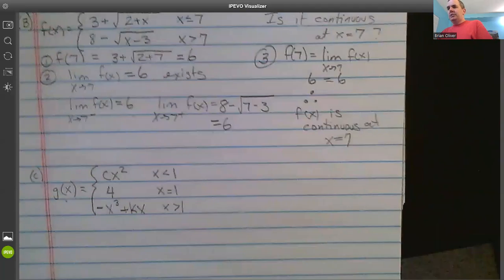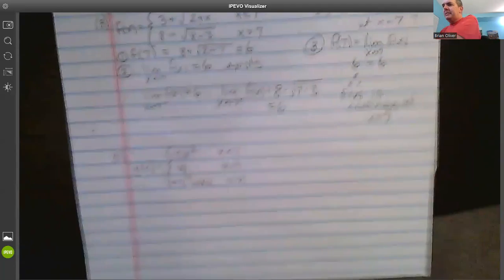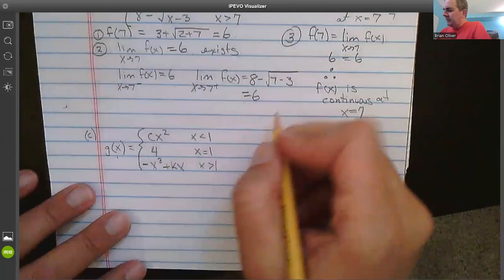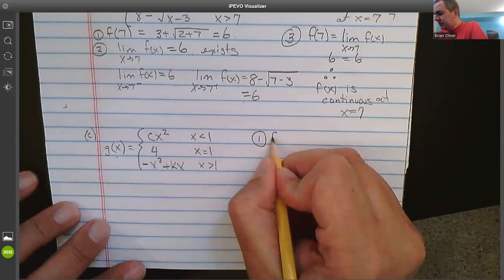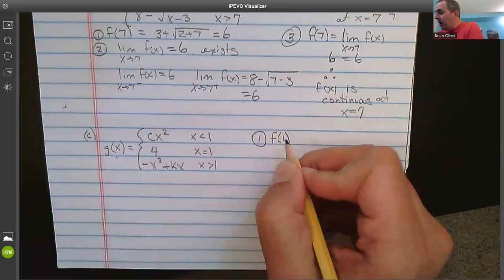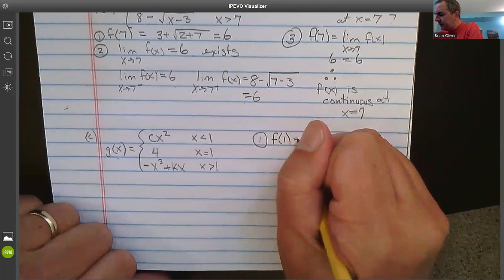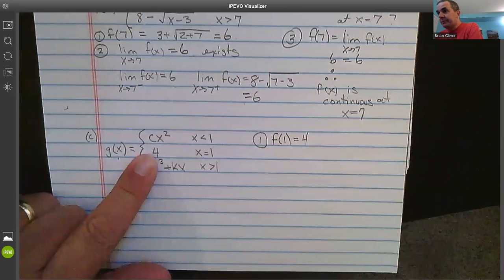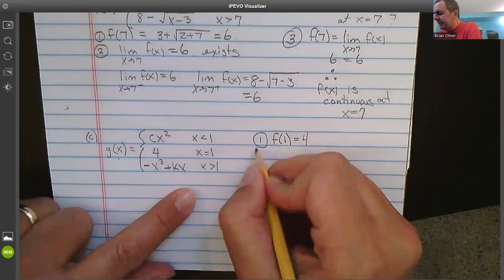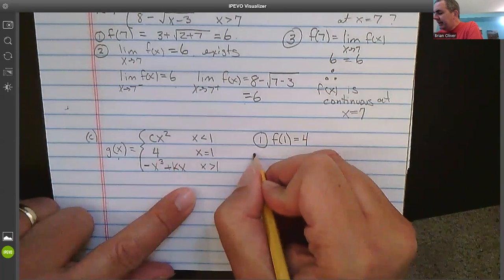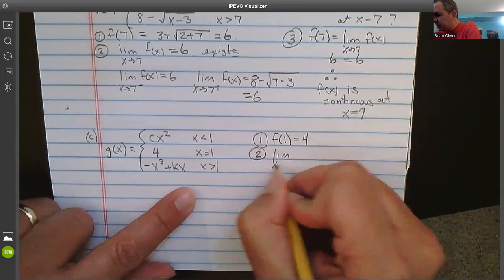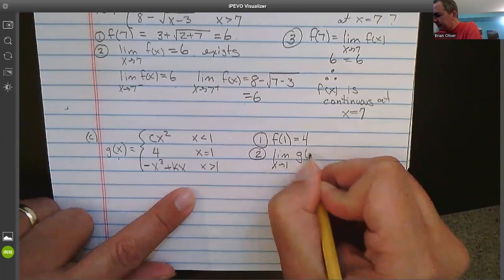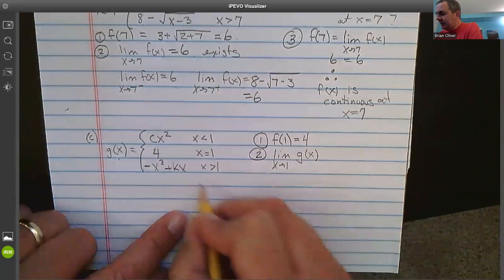And then our last one, this is that one I told you was going to be on there about substituting. So now what we're going to have to do is do our rules of continuity. So the first one says we're checking continuity at 1. So f of 1 is 4 by definition. Now I'm going to take a look at the limit. And here's again, the limit has to exist as x approaches 1 of g of x, which means I got to look at both sides.